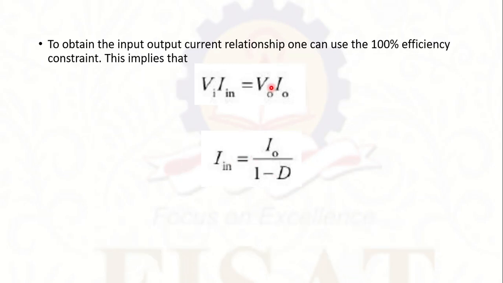So we have Vo here and Vi here, and we can substitute for that. So we get 1 minus d, and then the remaining part is Io. That is, Iin is equal to Vo Io divided by Vi, where Vo by Vi is equal to 1 by 1 minus d.